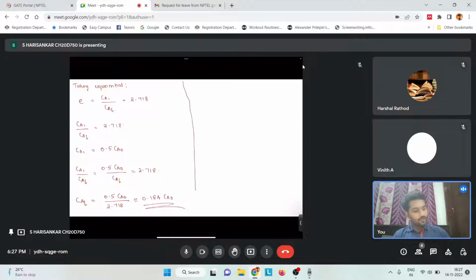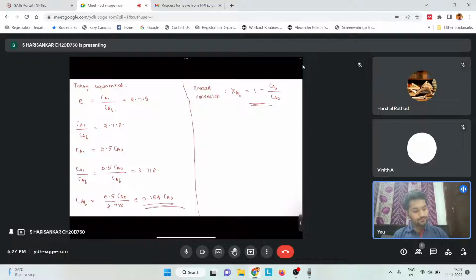So now we have all the data required to find the overall conversion. So the overall conversion XAF will be equal to 1 minus CAF by CA0. So we have CAF in terms of CA0, so we'll substitute that here.